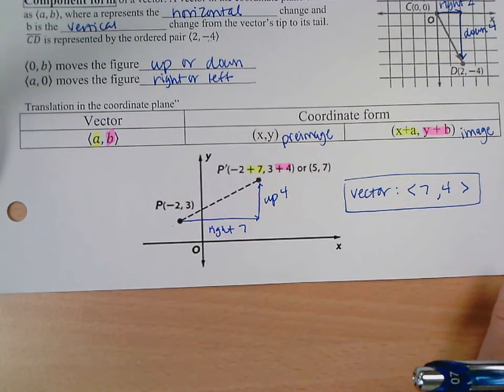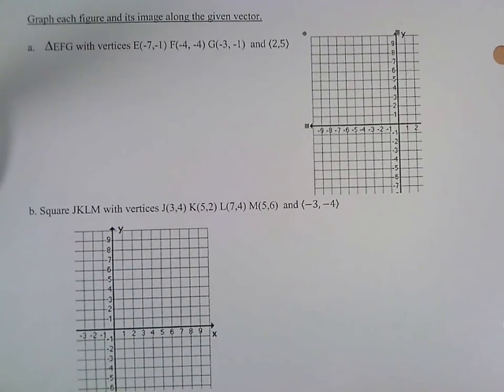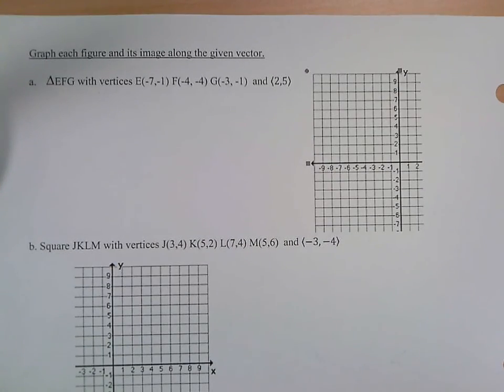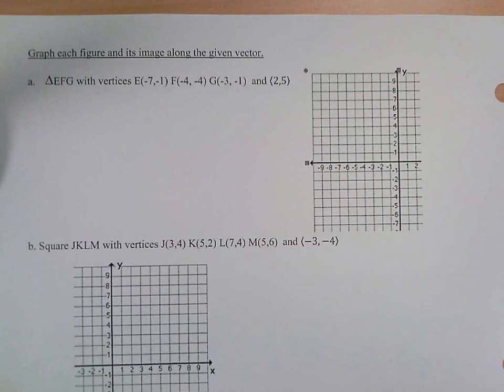Okay, so now we'll actually get to using this. It says graph each figure and its image along the given vector. And like we did on Friday, I know it doesn't say in the directions, but you are given the coordinates of your pre-image. I am going to write down the coordinates of the image, so the coordinates you get from actually translating the object.